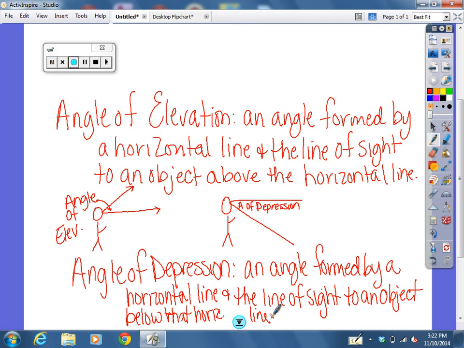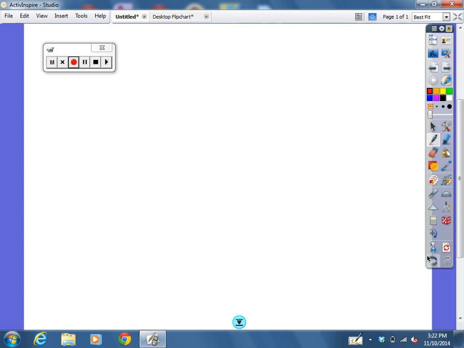So when I'm looking at an angle of depression, what do you notice about these pictures? Let me draw another picture so you can see what the triangles look like. So if I have a triangle and maybe I have an airplane up here, no fear of laughing at my drawings, right?